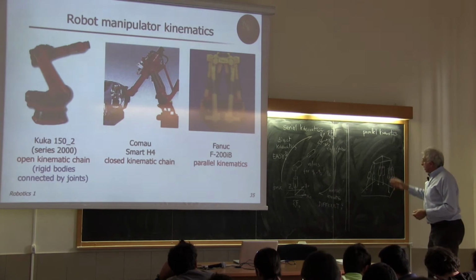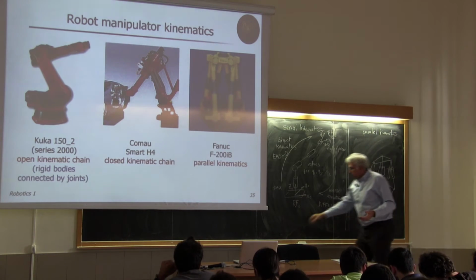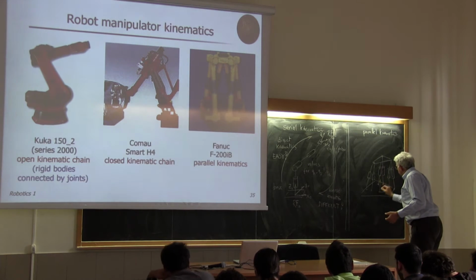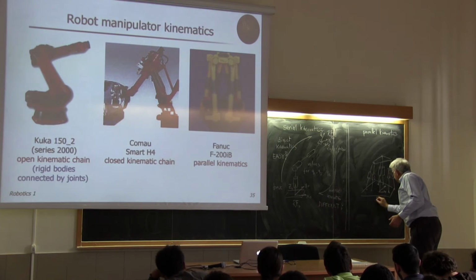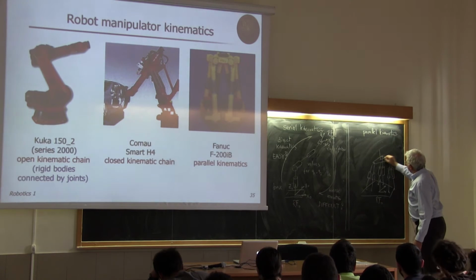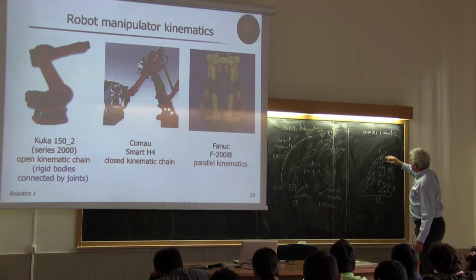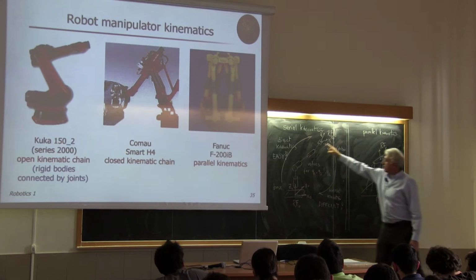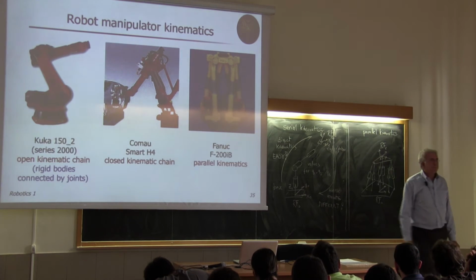So, in this case, we do the same. We have a base frame placed on the bottom plate. So this is reference frame 0. And on the top plate, sorry, there's a reference frame and effector. Exactly the same problem like this.